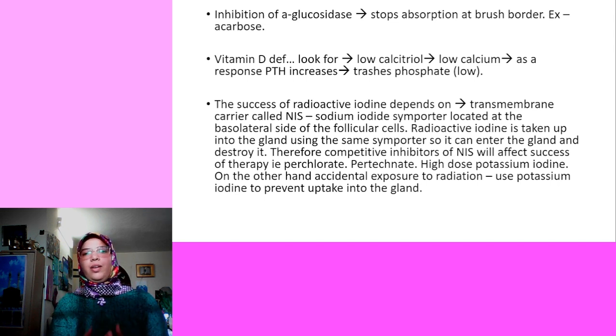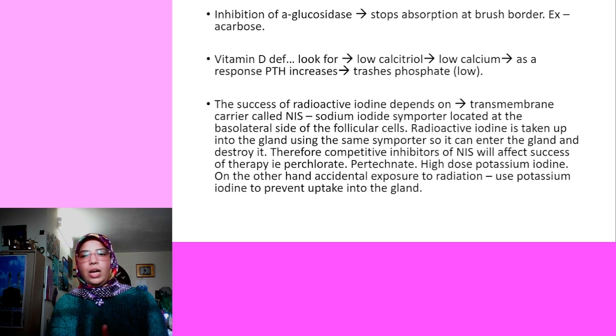The success of radioactive iodine depends on the transmembrane carrier called sodium iodide symporter, right? So I need that symporter to be working. I need it to be functional. So when I give the radioactive iodine, it gets absorbed into the thyroid gland, and then it can ablate it. So therefore, if I give something that prevents the function of this NIS, then that's going to affect the success of radioactive iodine therapy.